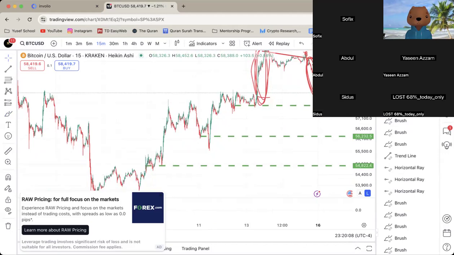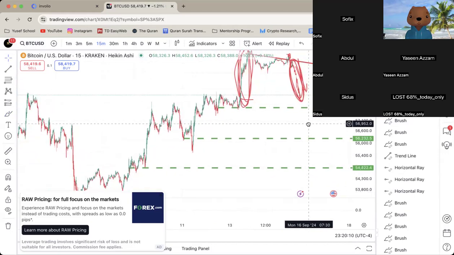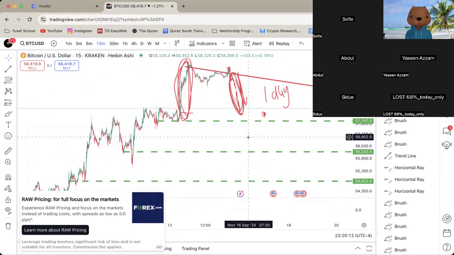This is literally how easy it is, guys. The previous day was a downtrend. The previous 5 days was an uptrend. Just like I said, the market is repetitive.